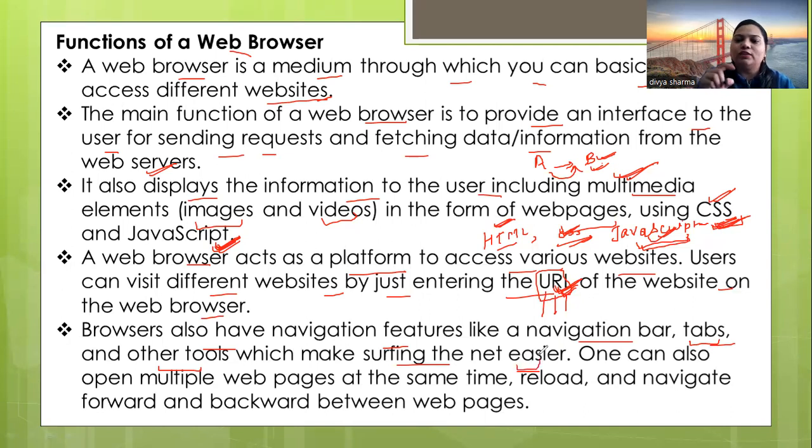By clicking on those tabs, we can also move to the next website, right? One can also open multiple web pages at the same time. So this is the main feature, that by using a web browser we can open multiple websites at the same time and navigate among them in the forward as well as the backward direction. Hope all these things have been clear to you.